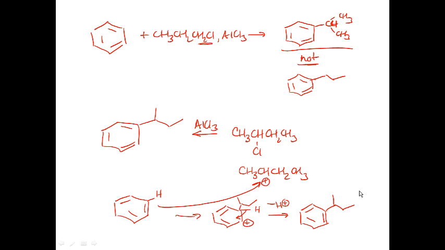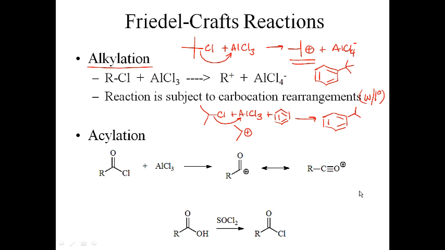Now, Friedel-Crafts also came up with another variation of this reaction, and that is what's called Friedel-Crafts acylation. In this case, they took a carboxylic acid chloride and reacted it with aluminum trichloride.